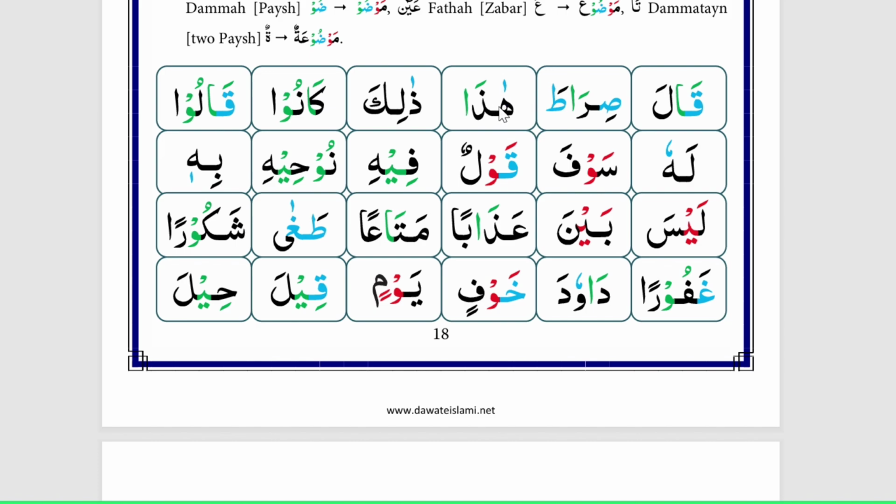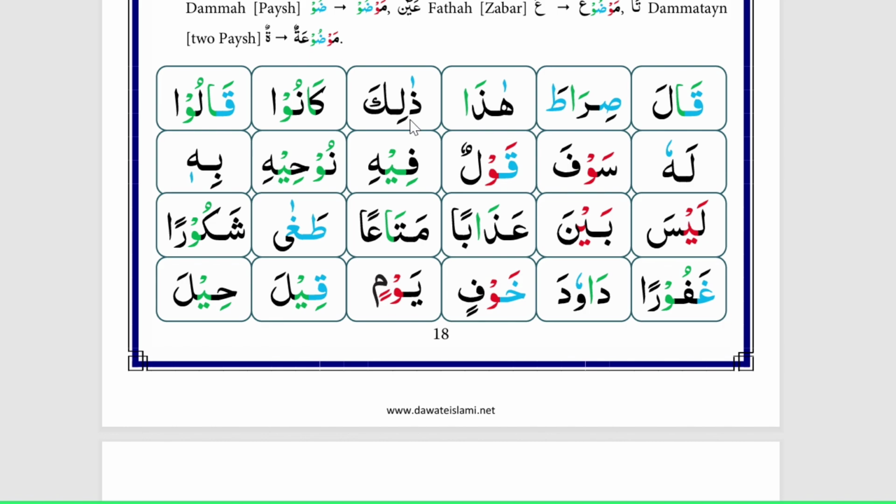So you need to stretch khada zabar equal to 1 second, just like madda letters. Here we can see zabar comes before alif, so this is actually alif madda. Similarly, you need to stretch khada zabar just like madda letters. Hadha, in this way. Zal, khada zabar za.